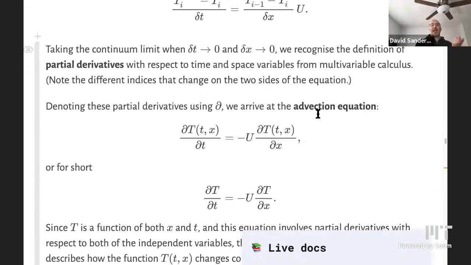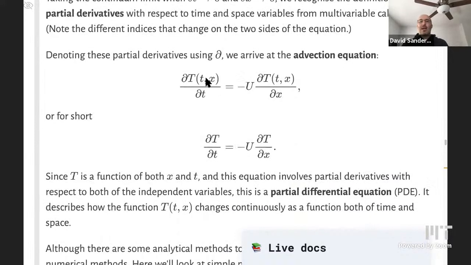So this is the advection equation. It's a partial differential equation because it has partial derivatives with respect to more than one independent variable. And we can write it without all this extra noise, just like this: the partial derivative of the temperature with respect to time, the rate of change of the temperature at a particular location in time, is equal to minus the velocity times the rate of change of that temperature with respect to space.